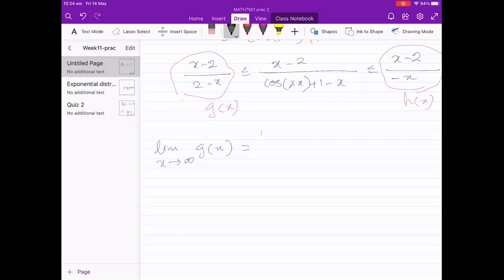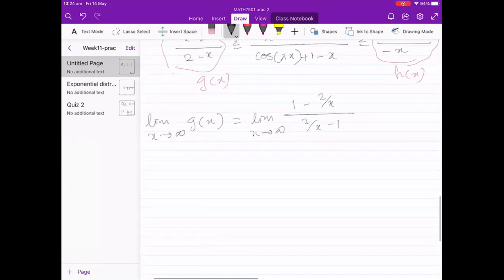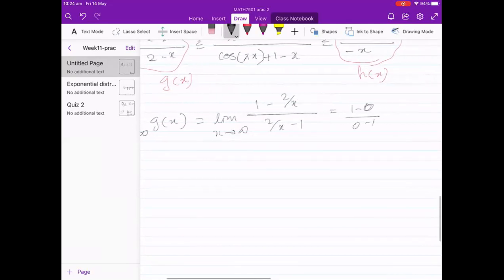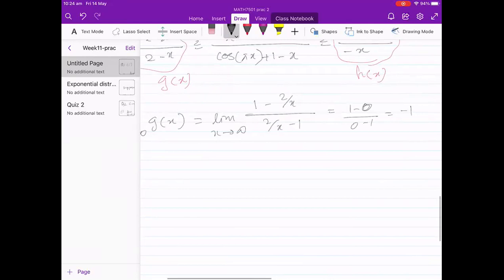So that would be 1 minus 2 by x over minus 1. Sorry, I forgot to write the limit as x tends to infinity of 1 minus 2 by x over minus 1, which is equal to 1 minus 0 over 0 minus 1, which is -1.